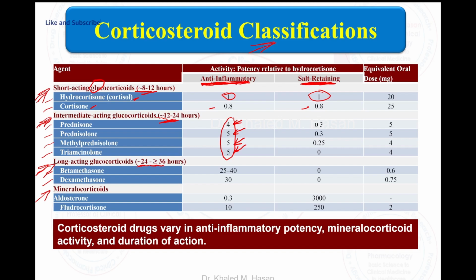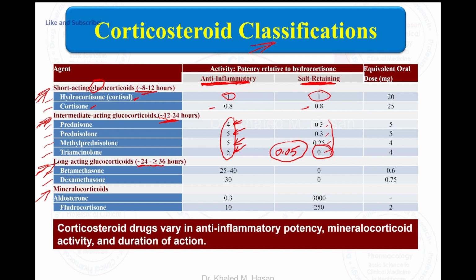If you're looking for a moderate anti-inflammatory, I will select one of these. What about salt retaining? It becomes lower: 0.3, 0.3, 0.25, and zero for triamcinolone. Some textbooks mention 0.05, meaning a significantly lower possibility of salt retaining.